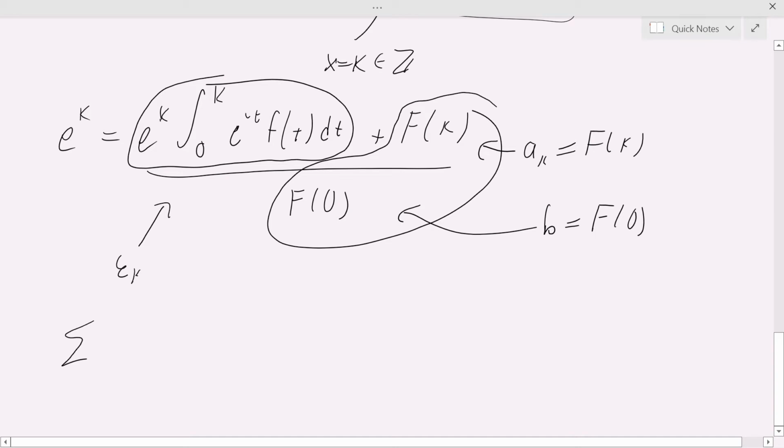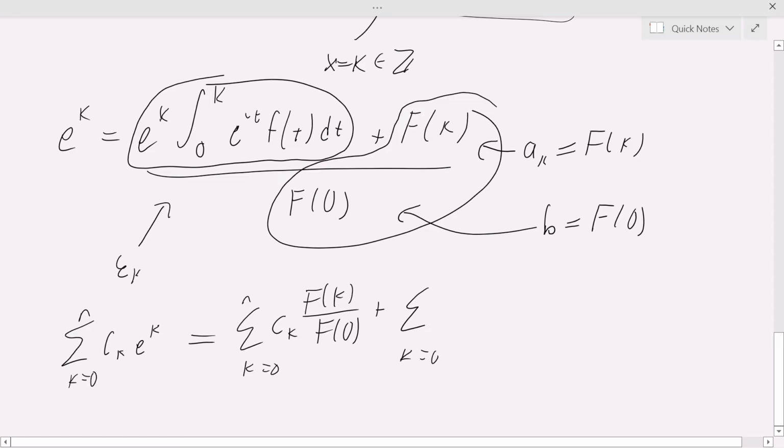If we look at the polynomial that e is supposed to be a root of, it's the sum k equals 0 to n of c sub k times e to the power k. And now we have this replacement for what e to the power k is. So this is equal to the sum k equals 0 to n of c sub k times f of k over f of 0, that's the rational part, and then separately the sum k equals 0 to n of c sub k times the error term, epsilon sub k, over f of 0.